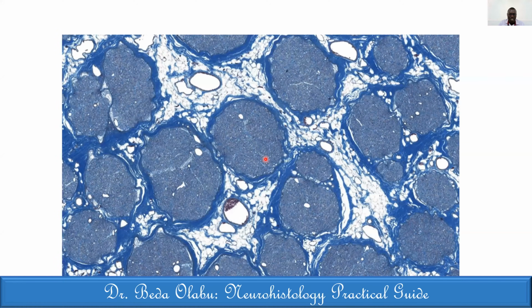A higher magnification reveals further what I've just mentioned, but also that between the smaller fascicles, we can see some adipose tissue and also blood vessels, as you can see there.